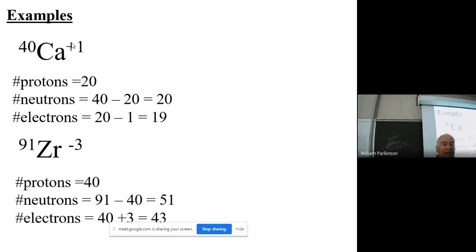What I would suggest, rather than me spending 5 minutes discussing this answer for zirconium, is that you get the table on the previous slide and verify for yourself the number of subatomic particles, that there are 40 protons, 51 neutrons, and 43 electrons based on the rules we have discussed.